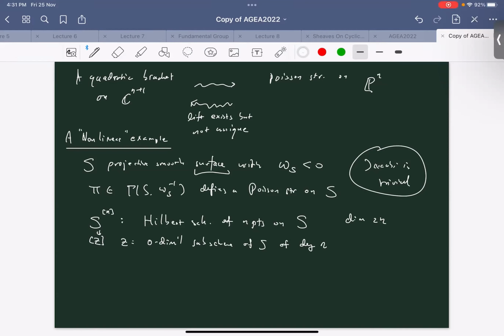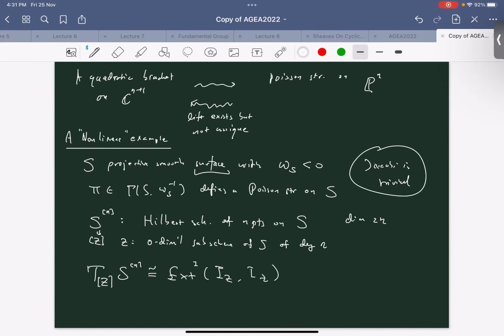Okay, so I want to define a Poisson structure on this moduli space. So first, note that the tangent space of the Hilbert scheme at the point Z, or the subscheme Z, can be identified with the first extension group of the ideal sheaf I_Z.